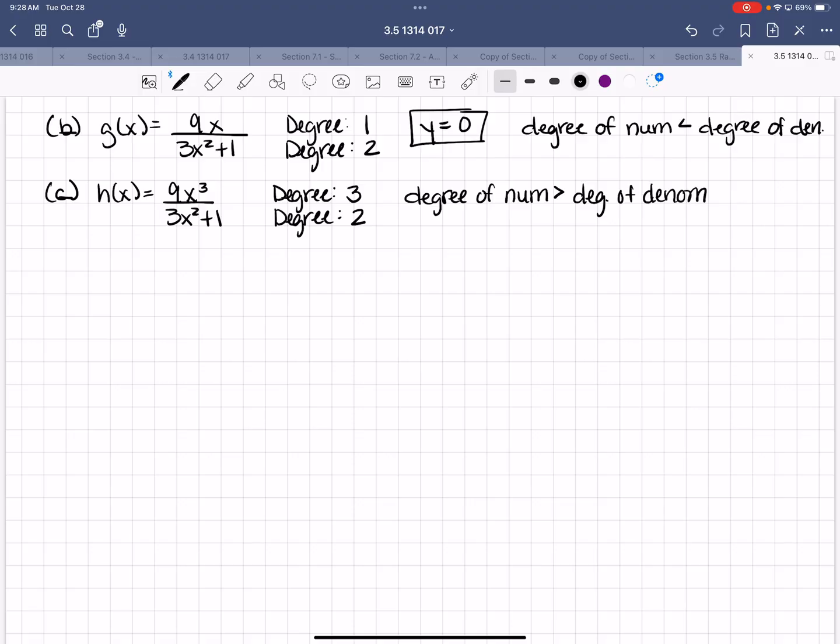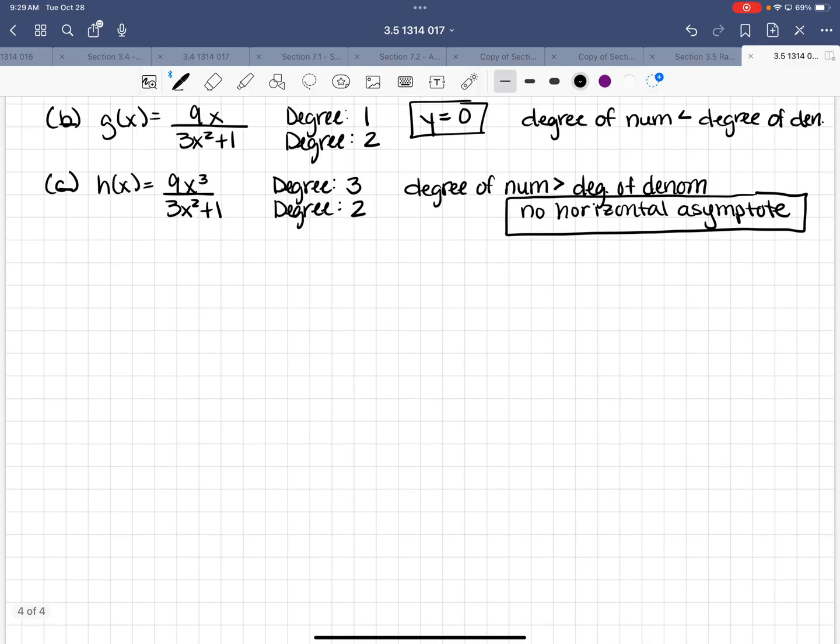That means, will I have a horizontal asymptote? Nope. So, no horizontal asymptote. Okay? Not bad.